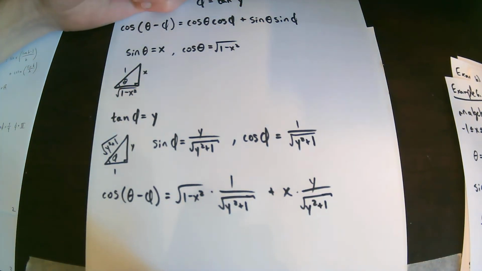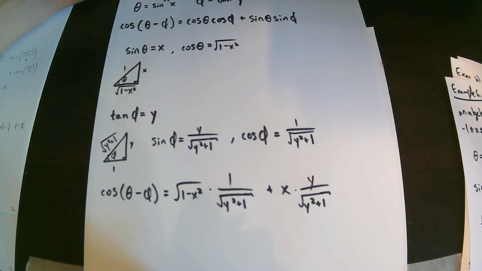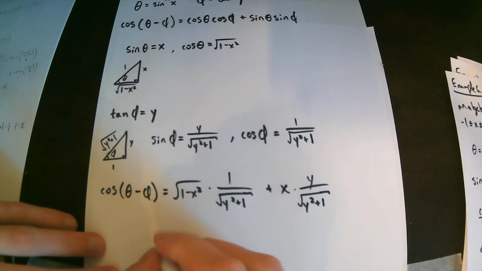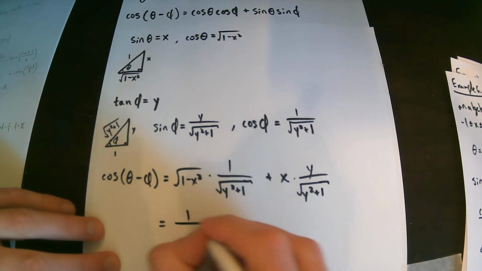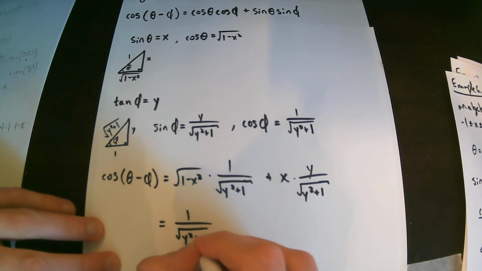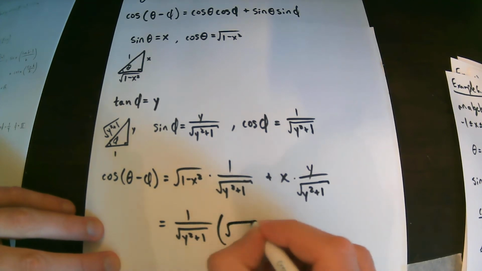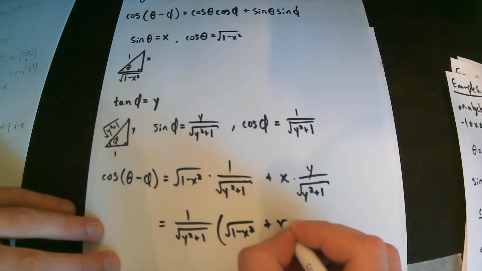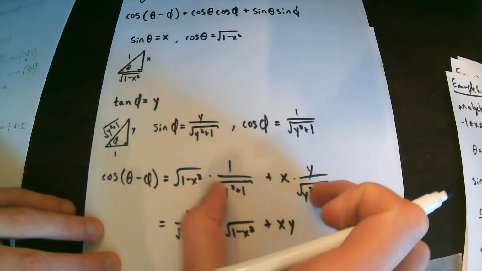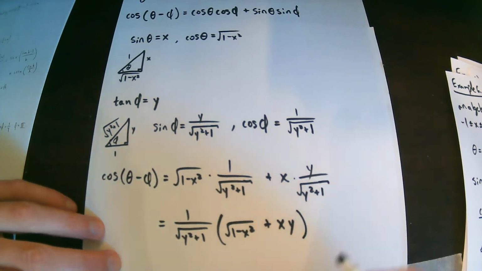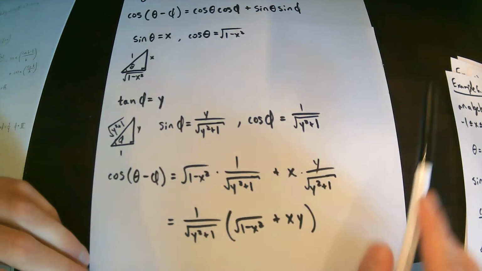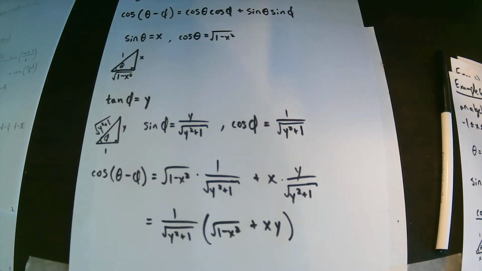Is this exactly the same? It's exactly the same. It's the exact same answer. Because we're going to have 1 over the square root of y squared plus 1 times the square root of 1 minus x squared plus xy, factoring out this 1 over the square root of y squared plus 1. So it ended up being exactly the same.